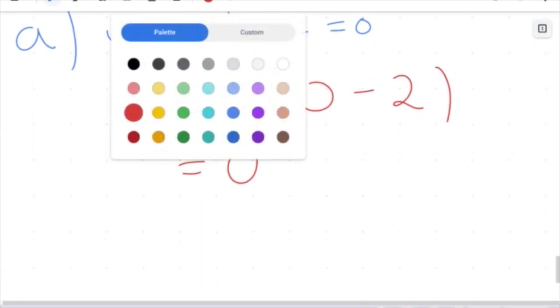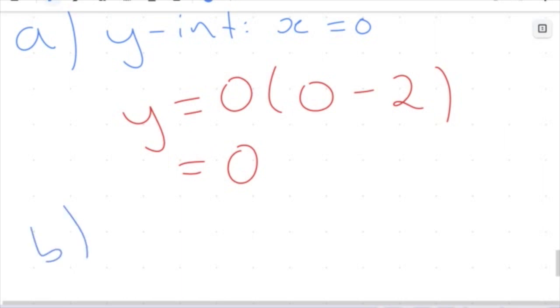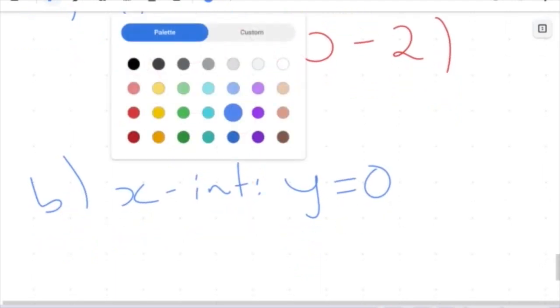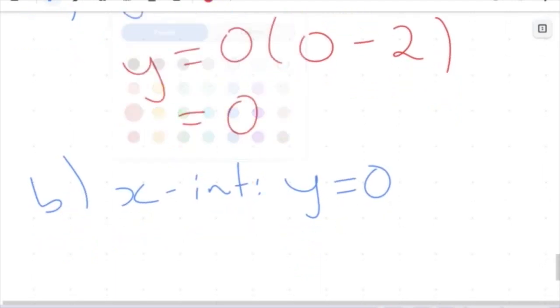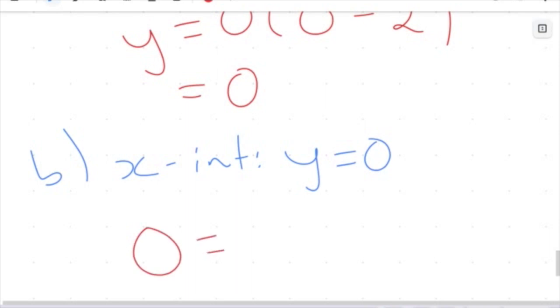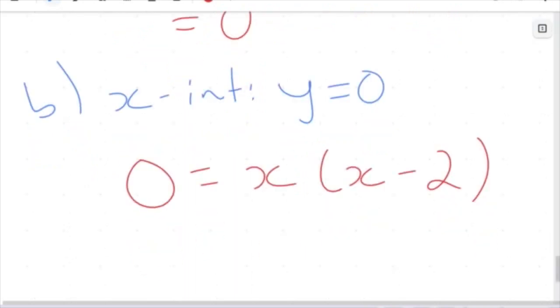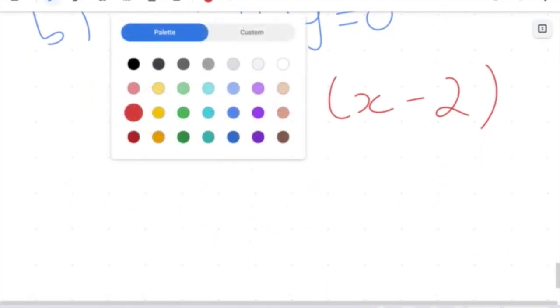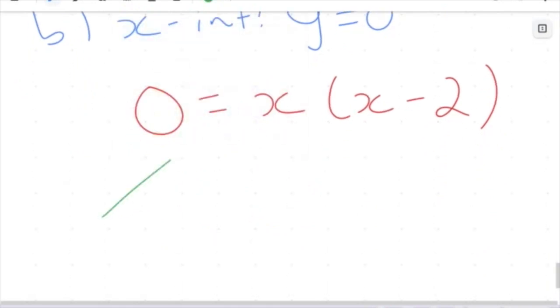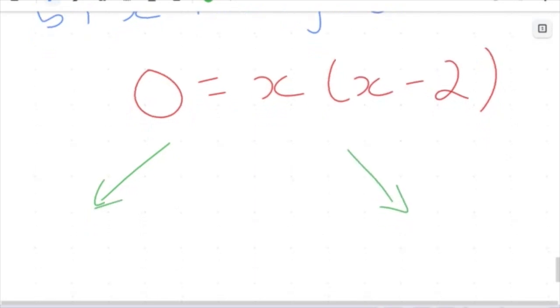Okay, now for part B, we want to find the x-intercept, and this happens when y equals 0. So putting this in, I get 0 equals x outside of x minus 2. And using my null factor law now, I can figure out what my x-intercepts are.